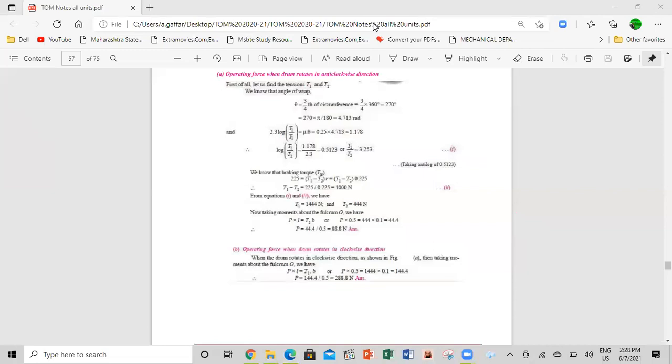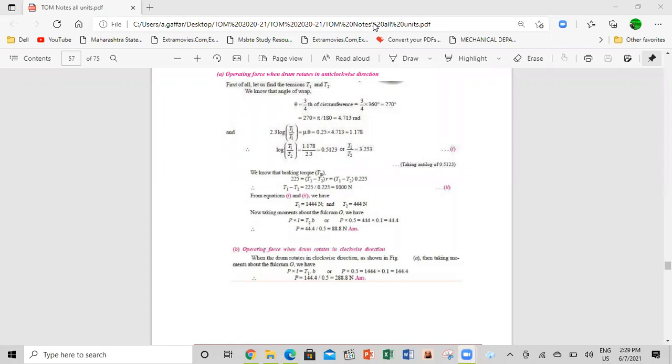In anti-clockwise direction, tension is applied at the left side.